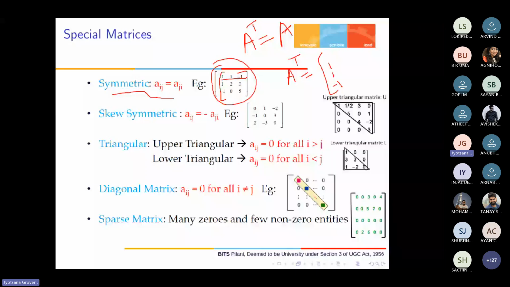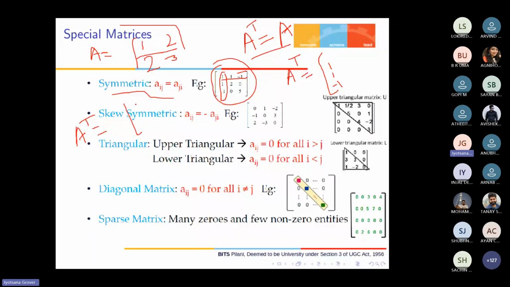I'll give you one example of a symmetric matrix. 1, 2. Now if you take its transpose, what will you get? A transpose is the same as A. So the first row is this, 1, 2.